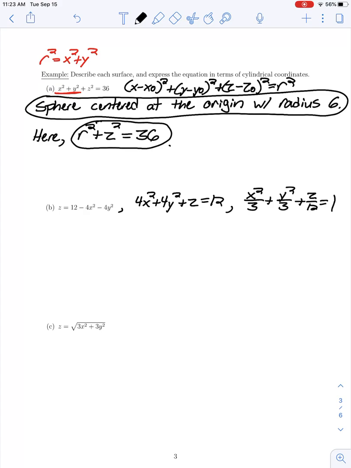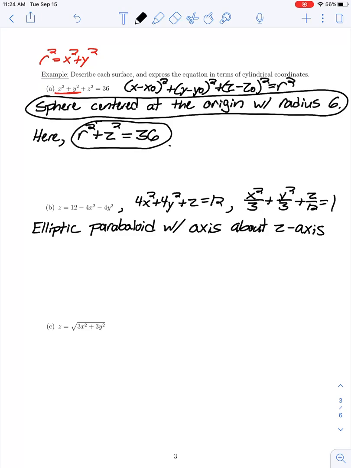So to describe this in a little more detail, we would have an elliptic paraboloid with its axis about the z-axis, since z was the only variable not involving a square here.